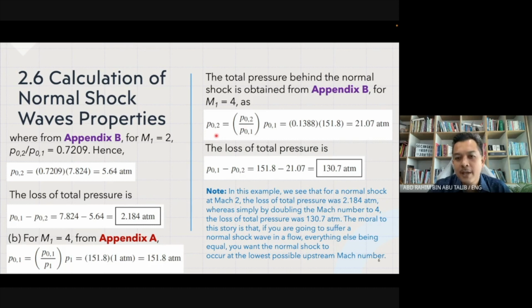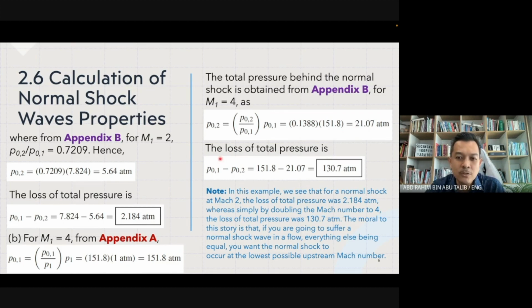You read the corresponding pressure ratio P02 over P01, which is 0.1388, and then you multiply by the P01 that you obtained earlier. In this expression you then obtain the value 21.07 atm.